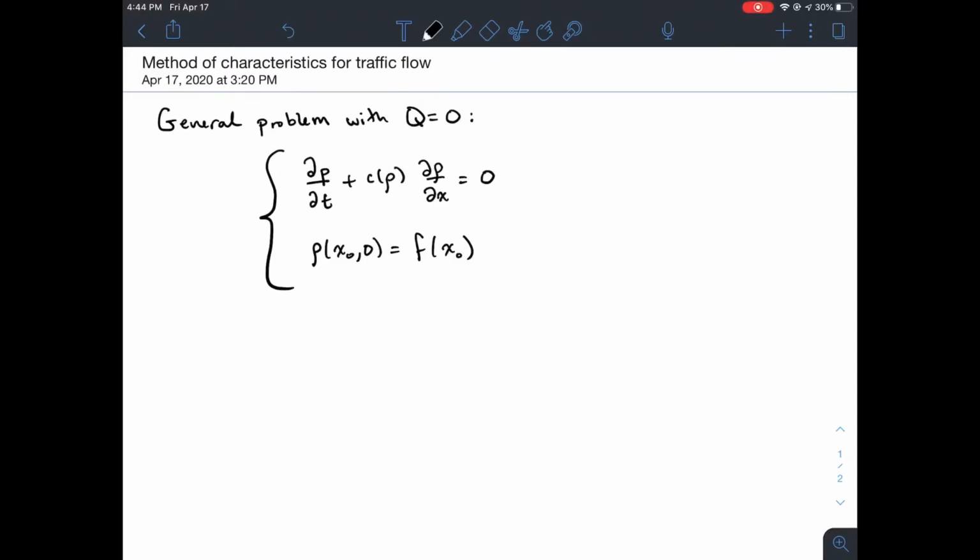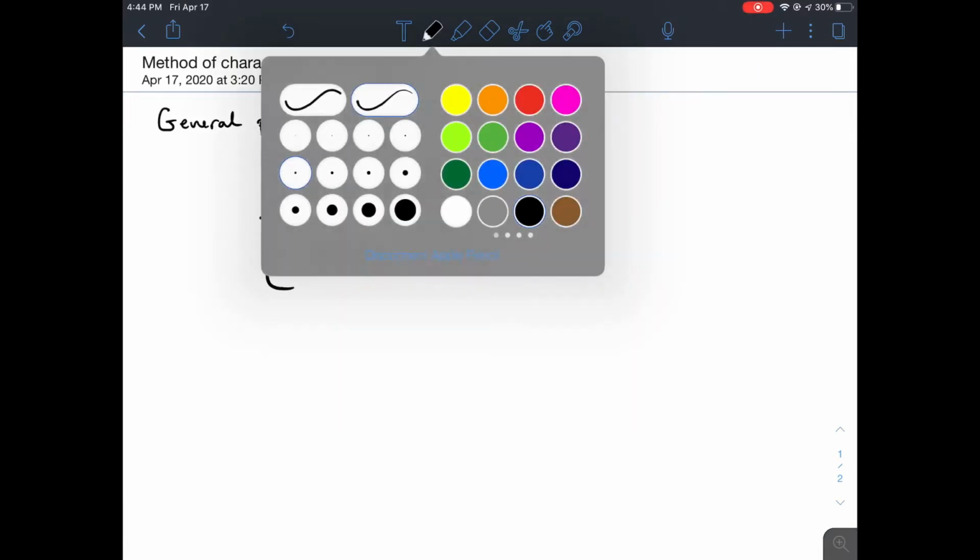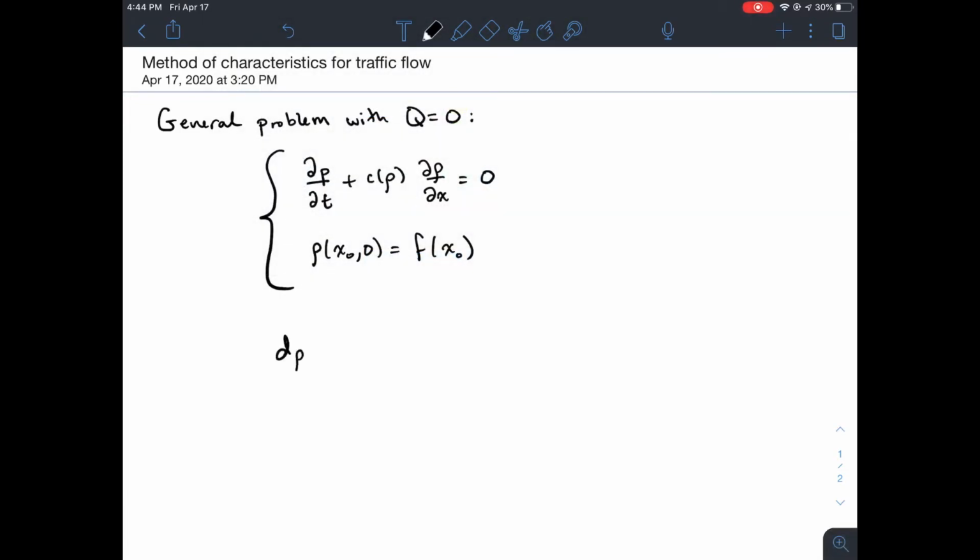Okay, so we're first going to take a look at the general problem here, where we don't know exactly what C of rho is, but we do know that d rho dt is 0, and that C of rho is going to be whatever it is, the velocity, right?